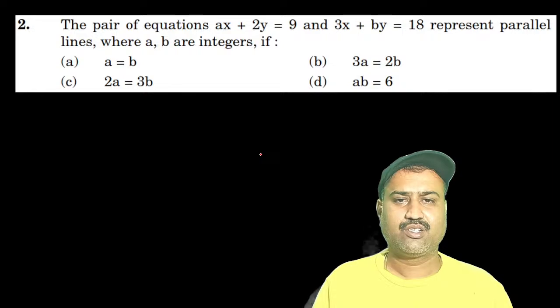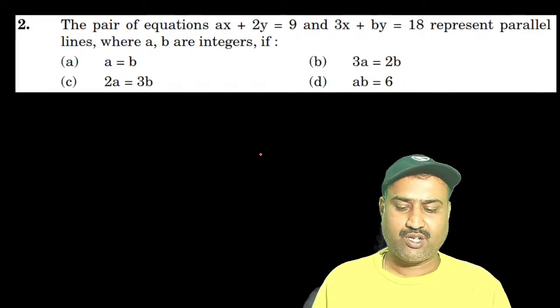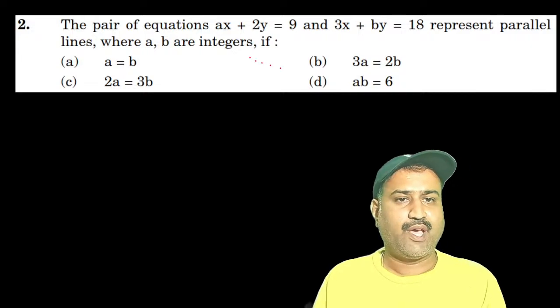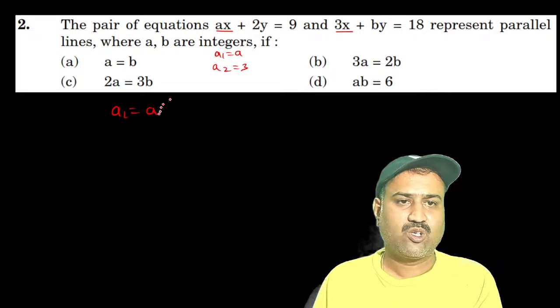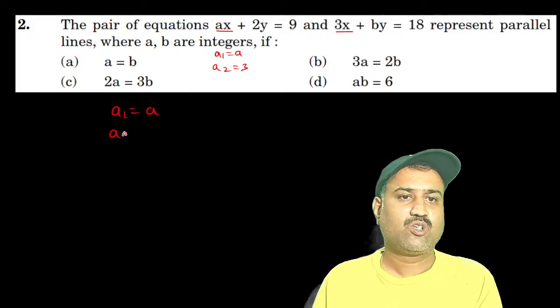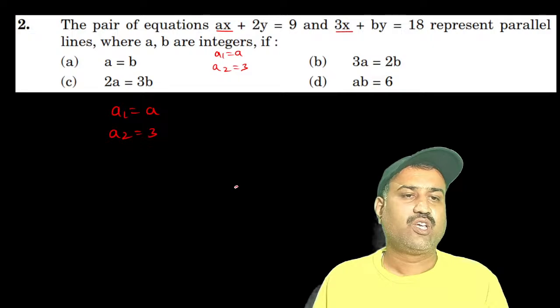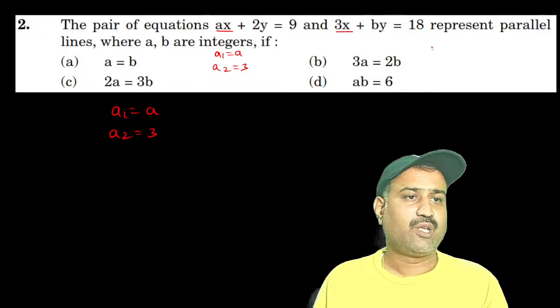Next question. The pair of equations ax plus 2y and 3x plus by, here a1 is a, a2 is 3, represent parallel lines.